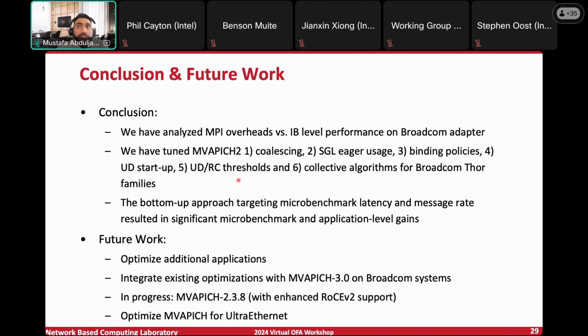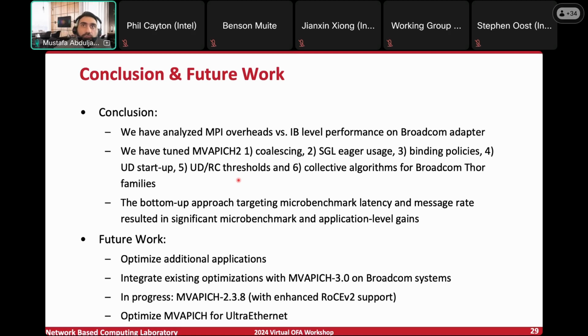Those include coalescing, the use of SGL binding policies, UD startup, and other effective parameters. And we have seen that this bottom-up approach targeting micro benchmark latency, message rate, and message bandwidth has resulted in significant and at least noticeable enhancements for the micro benchmark and application level evaluations.